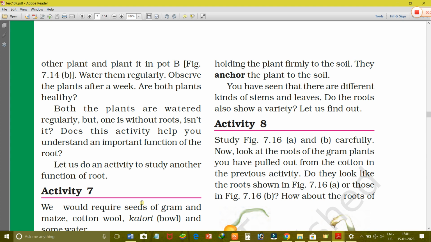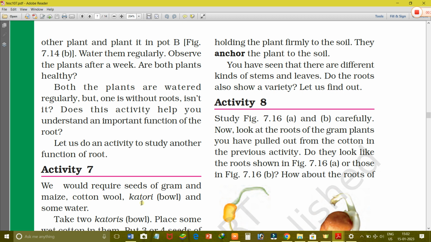You have seen that there are different kinds of stems and leaves. Do not the roots also show a variety? Let us find out. Activity 8.